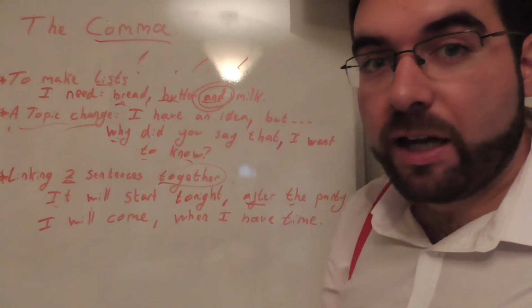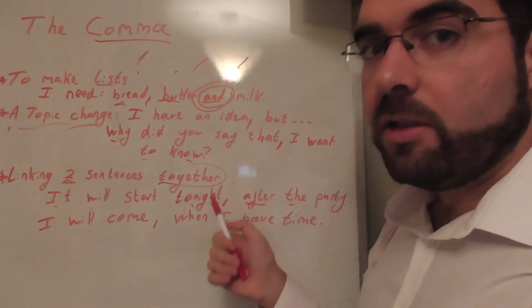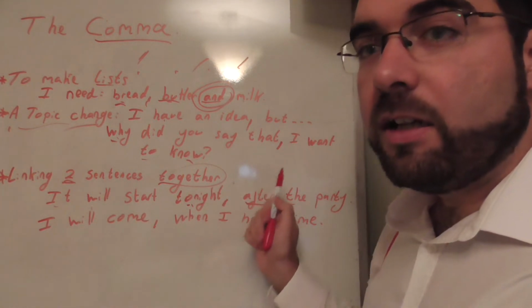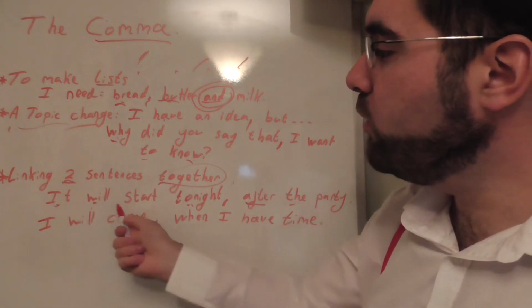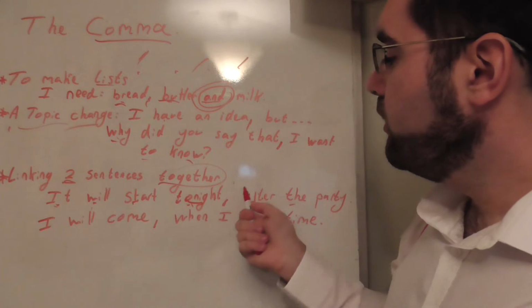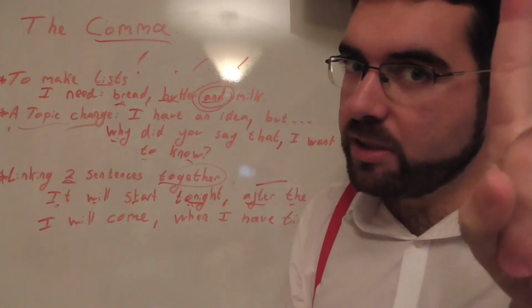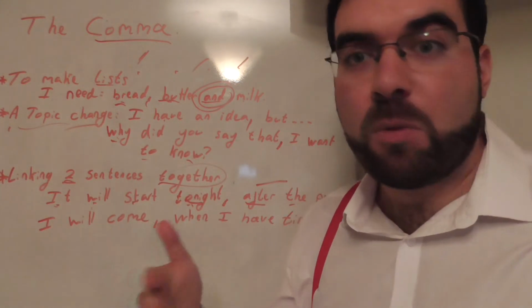It will start tonight because of the delay. It will start tonight when I open the door. It will start tonight. However, but, however, it might be late. We might be delayed.